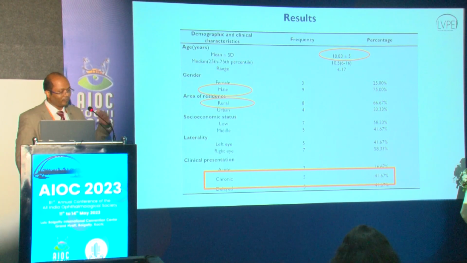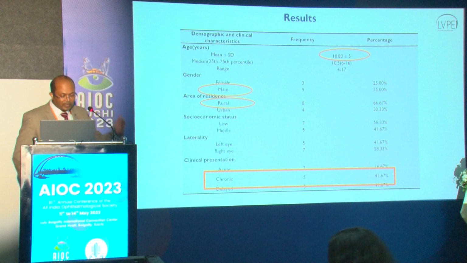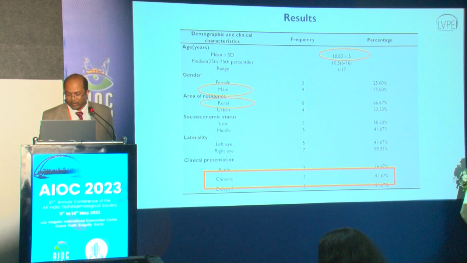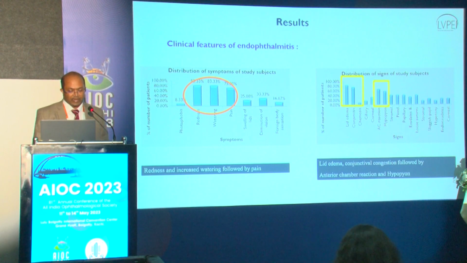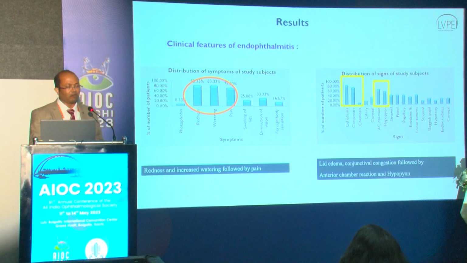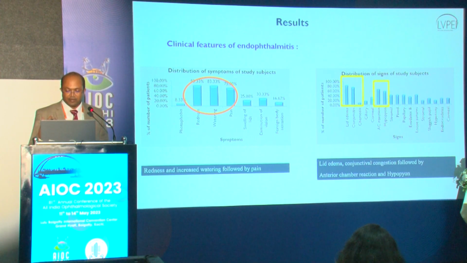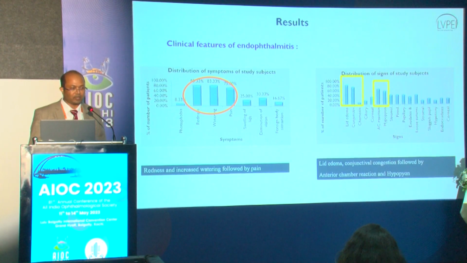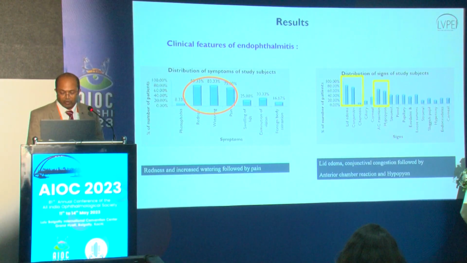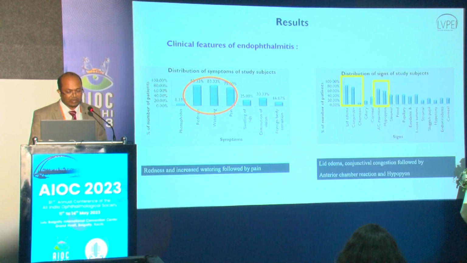But it seems pediatric endophthalmitis is presenting as a chronic or delayed endophthalmitis. Regarding clinical features, redness and increased watering followed by pain is the most common presentation. As for signs, lid edema, conjunctival congestion, and later anterior chamber reaction and hypopyon are the predominant signs they present with in the clinic.